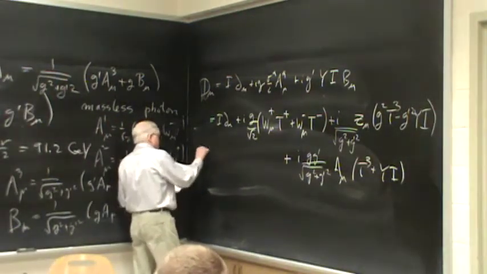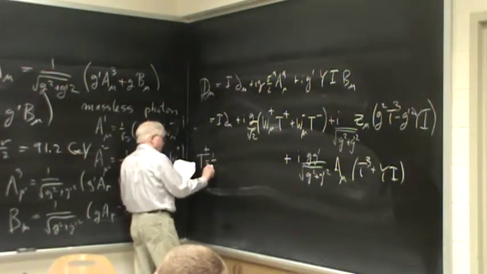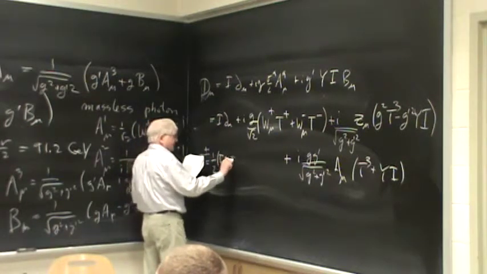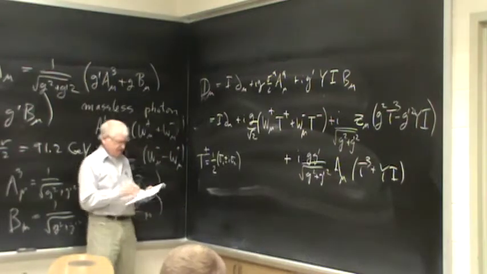T plus or minus is 1 over 2 sigma 1 plus or minus i sigma 2, so it's what you'd expect.